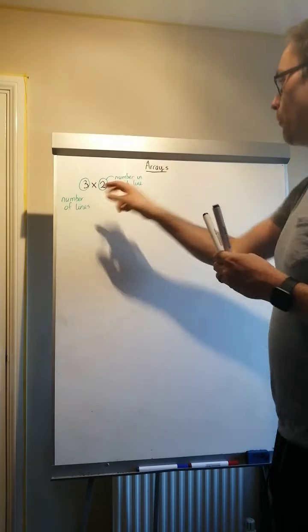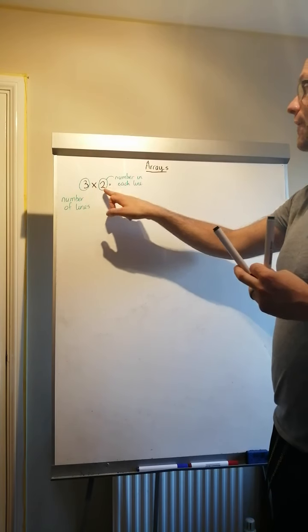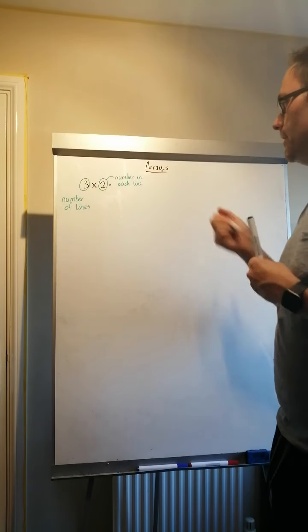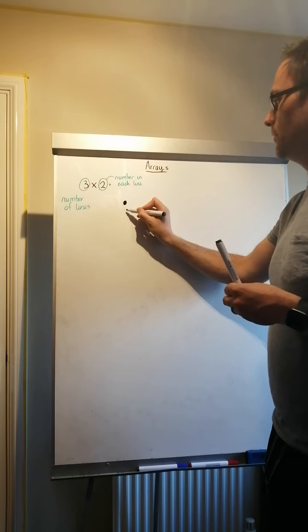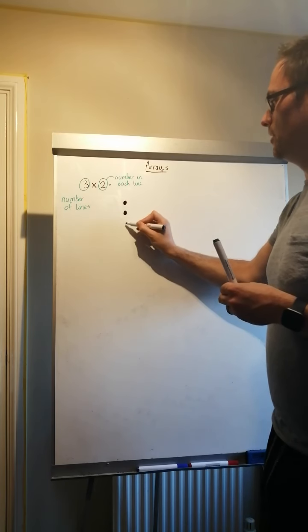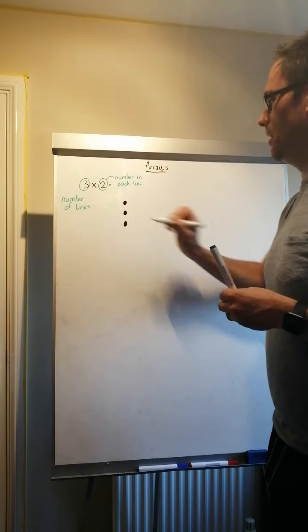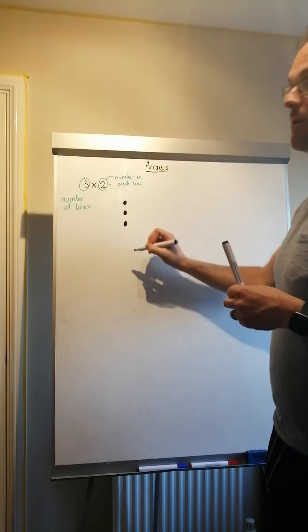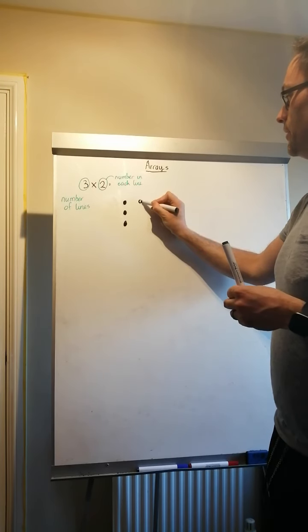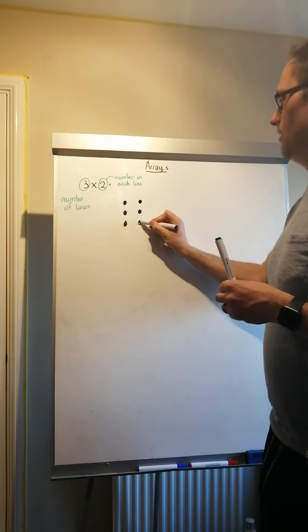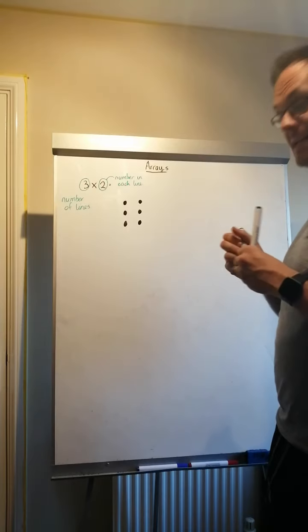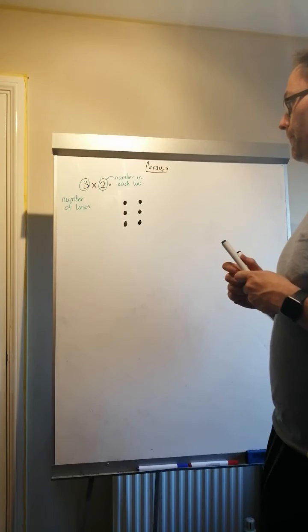Okay, so I want 3 lines with 2 in each line. So that's what I'm going to draw, and you can do this at home. So there's my first line, my second line, and my third line. But I want 2 in each. At the moment, I've only got 1 in each. So we're going to do this one here. Okay, that is a very simple array.